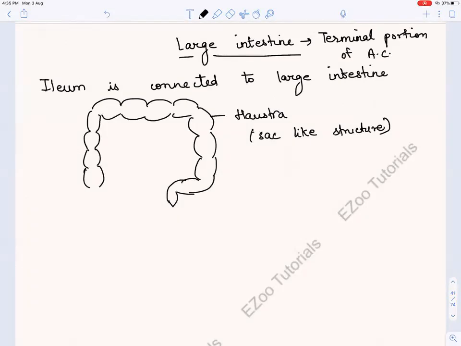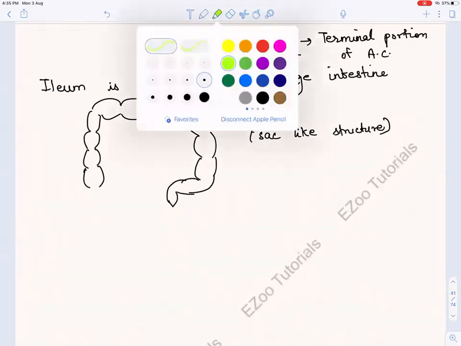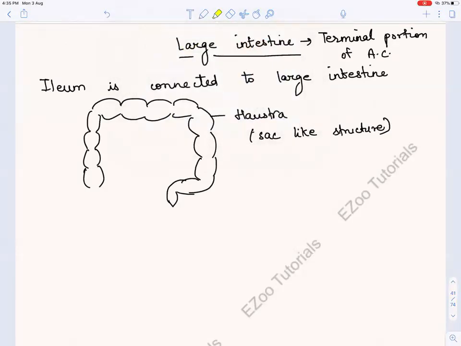Okay, and you will see the tinea coli. It's a ribbon-like structure that's present. It's like if you take a big ribbon, stitch it in between and pull it, it will become a little pouchy thing.